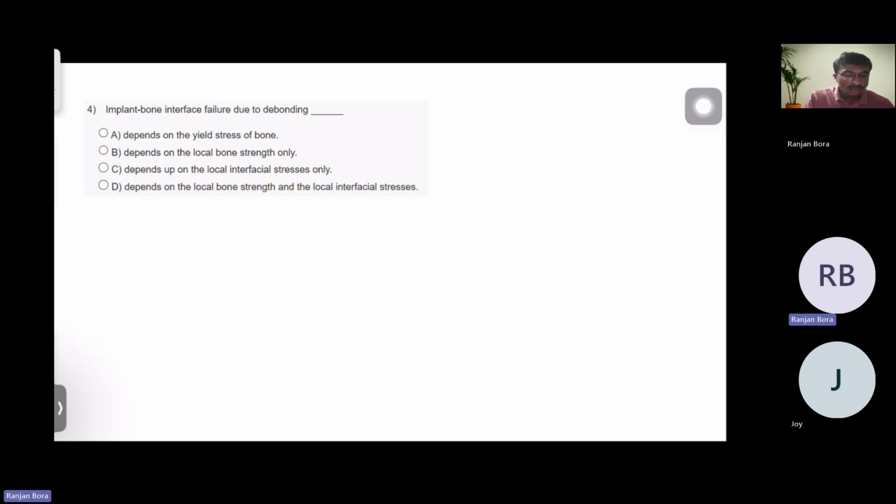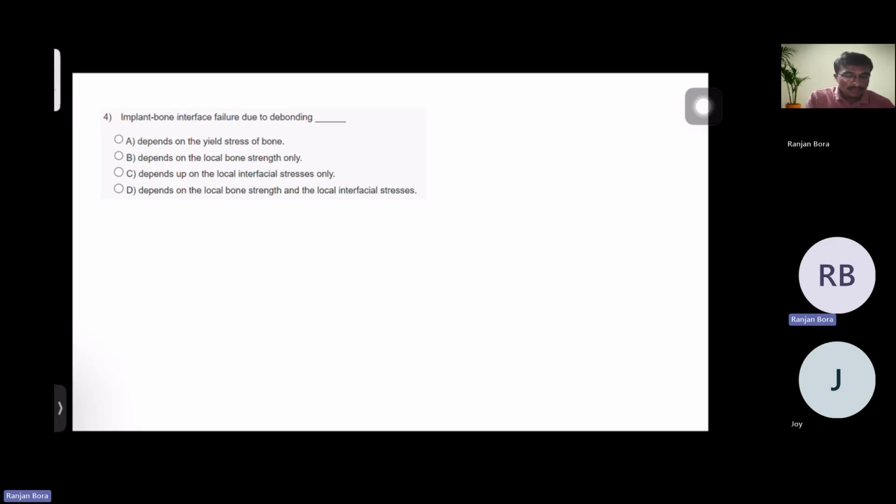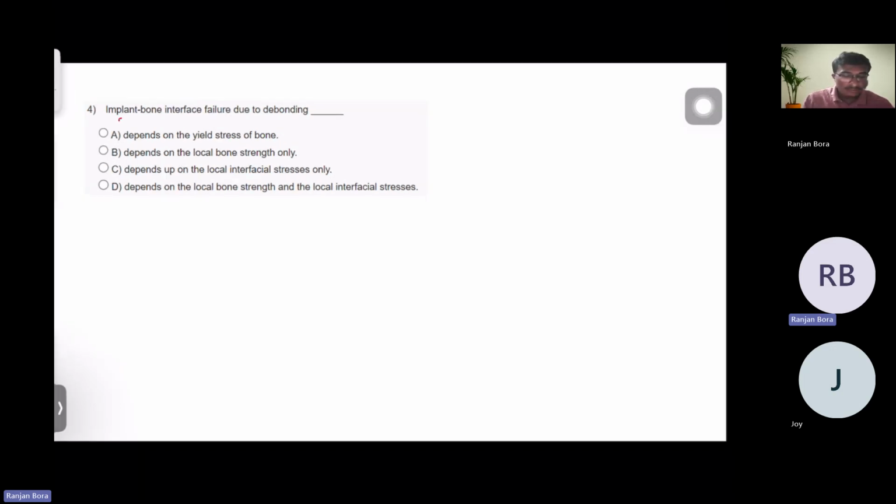Now this question is: implant bone interface failure due to debonding. Which option is correct?